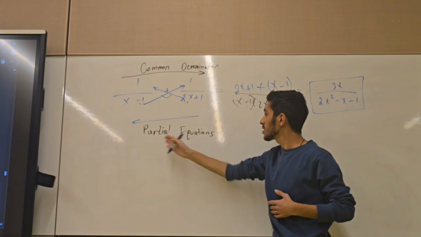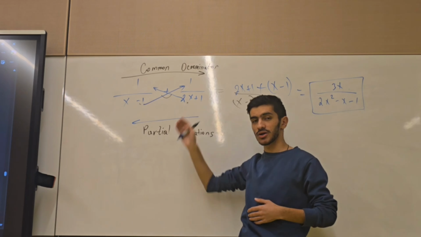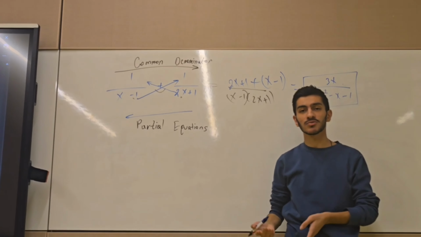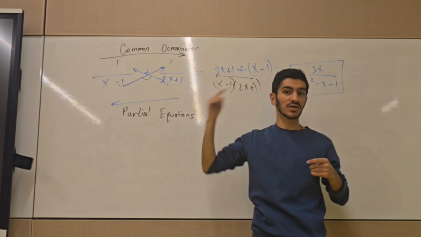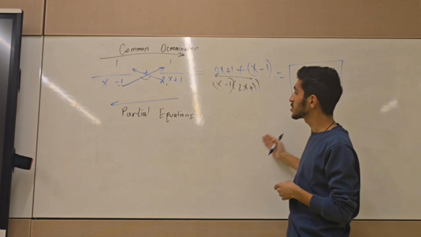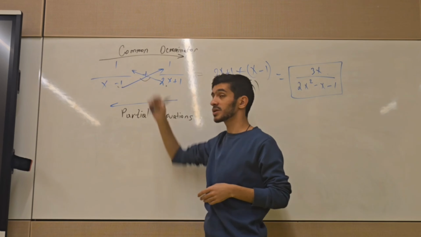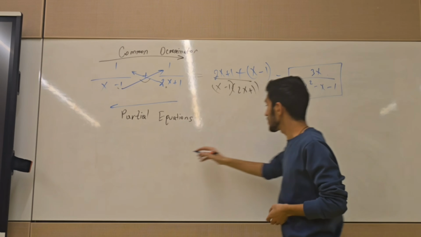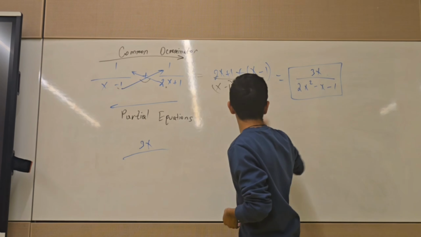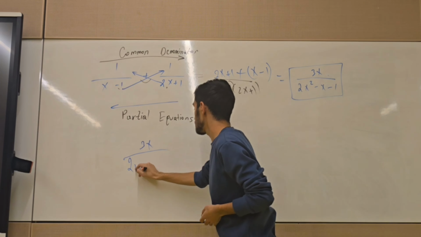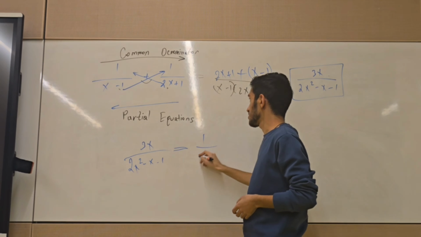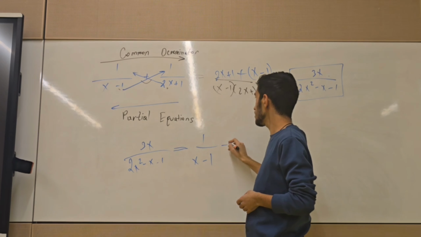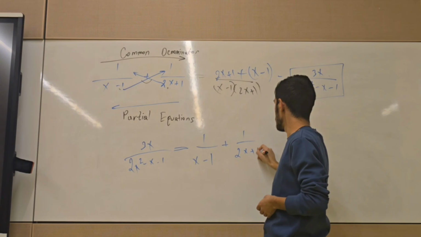So we use partial equations to get a common denominator, but in some cases, from algebra to calculus, we cannot do that, so we do the reverse. We come from 3x over 2x squared minus x minus 1 to the partial equations 1 over x minus 1 plus 1 over 2x plus 1.